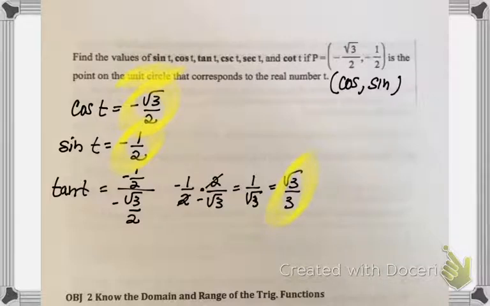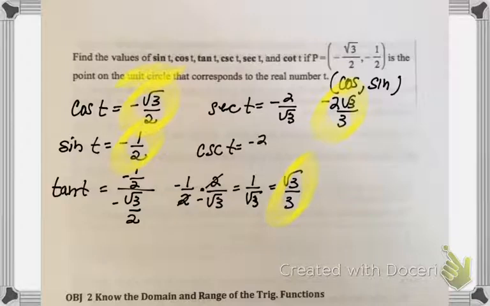So the reciprocal function of cosine is secant. So I just flip that over, and I get negative 2 over radical 3. I have to rationalize that. So this becomes negative radical 3 over 3. Okay. Next one. Cosecant.